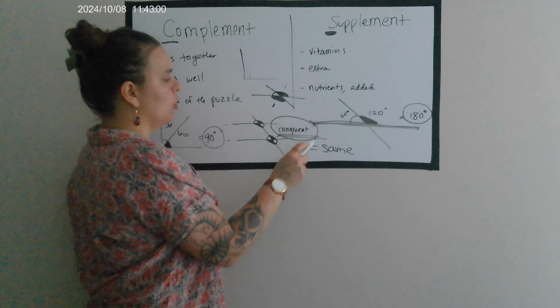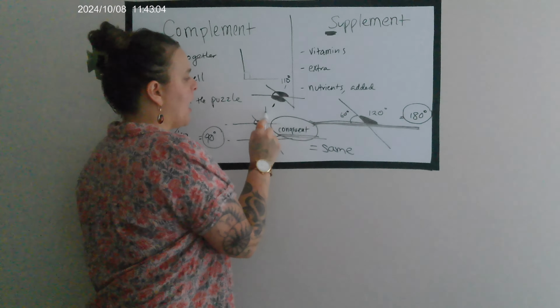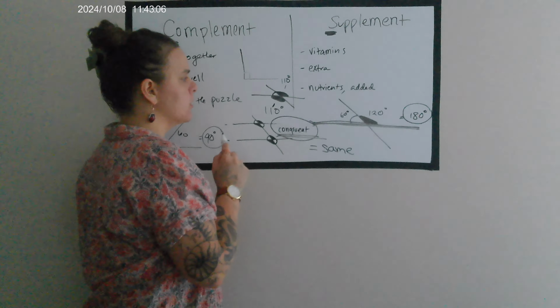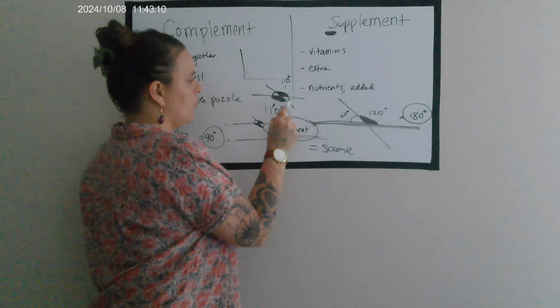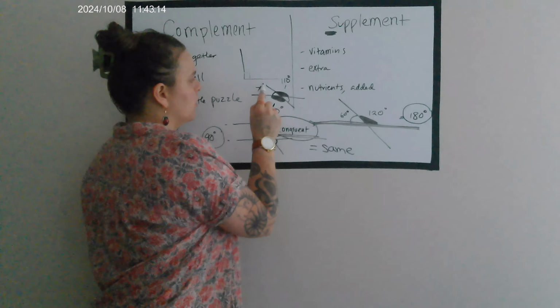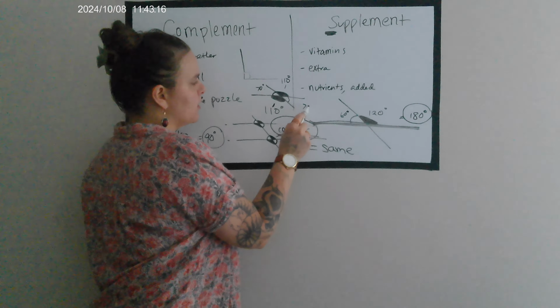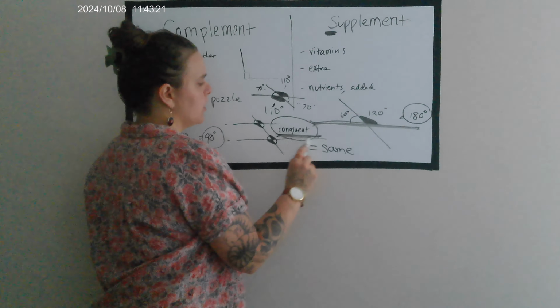It's the same degree. So if this was 110 degrees, this has to also be 110 degrees, okay? And same with here and here. If this is 70 degrees, this has to be 70 degrees, and these two angles are congruent.